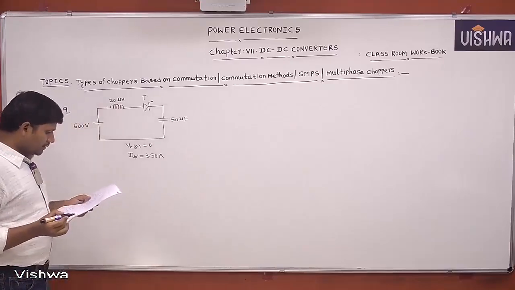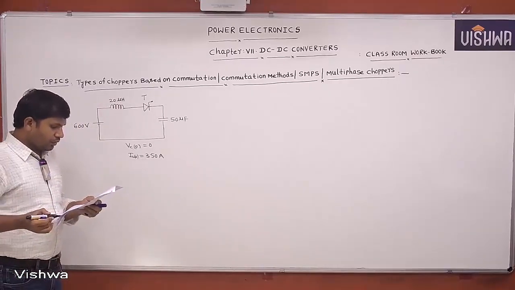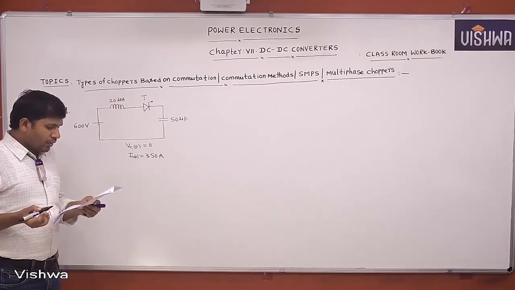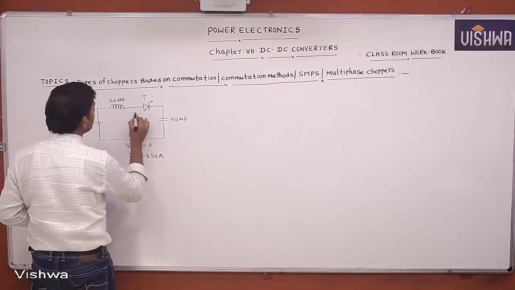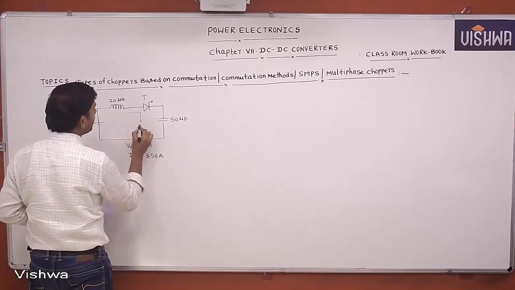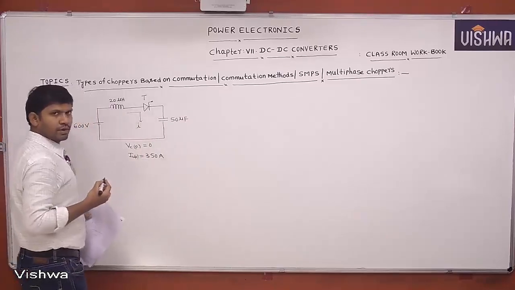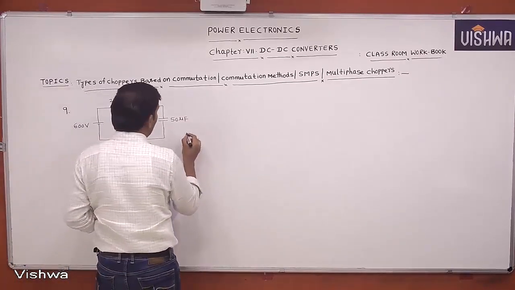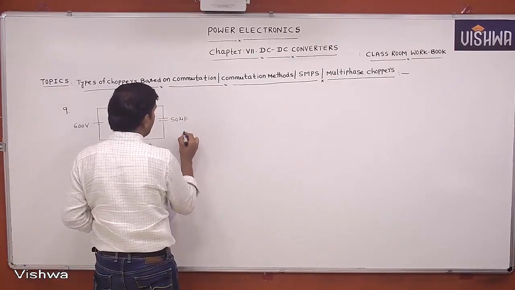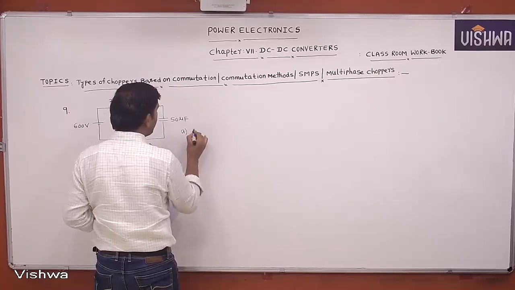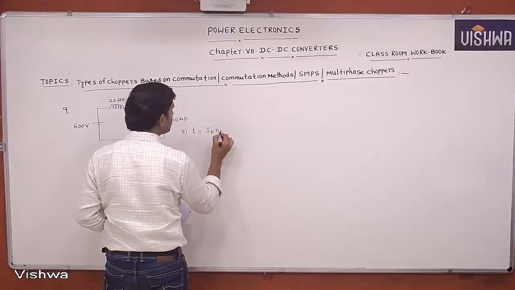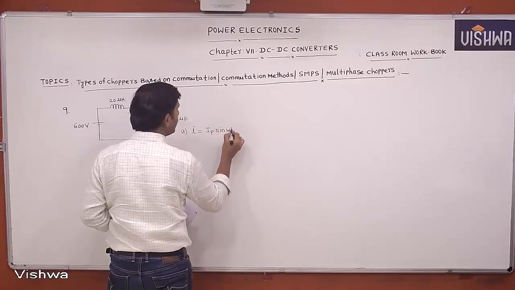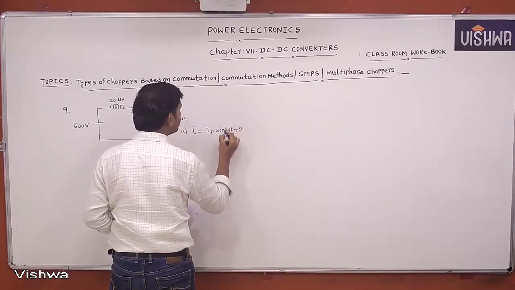Then the first one is to find the current I in this circuit. Question number A: I equal to IP into sine of omega t plus theta.